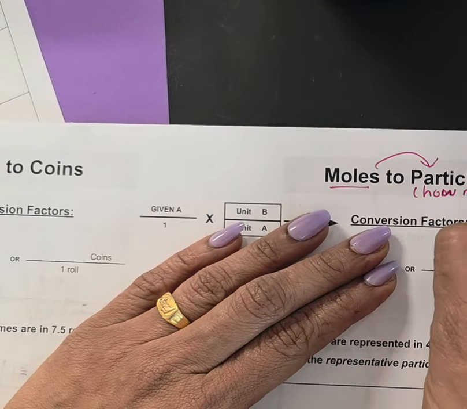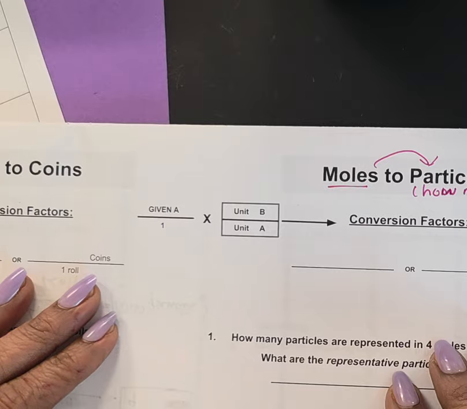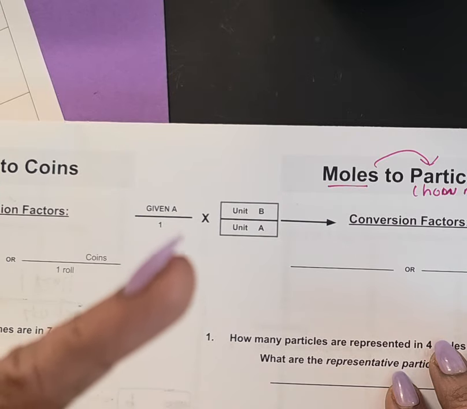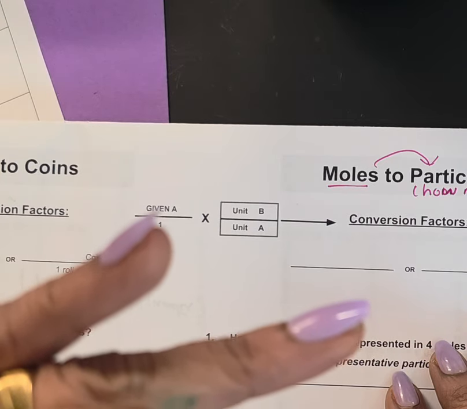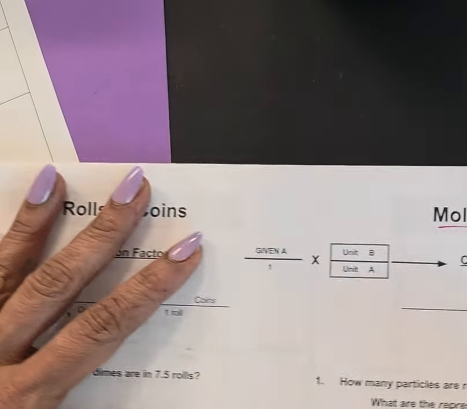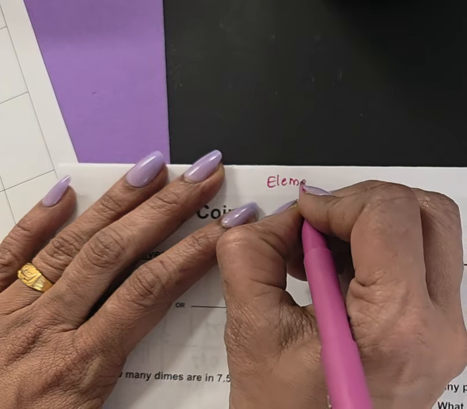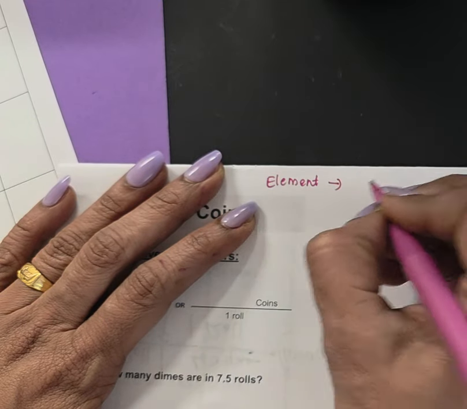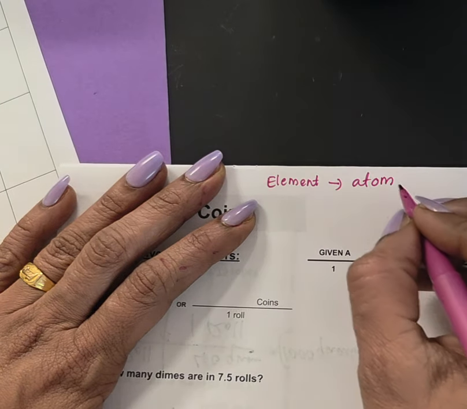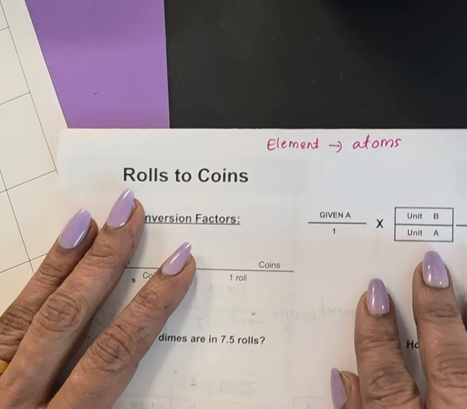Okay, question to you. What are the different terminology we learned last class for particles? Molecules, then atoms, then ions, then one more. Formula unit. So just write a quick review. Whenever you see an element, we will use the particle name atoms. All elements are made of atoms.